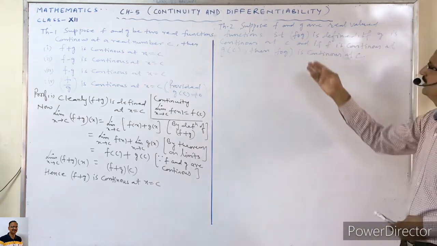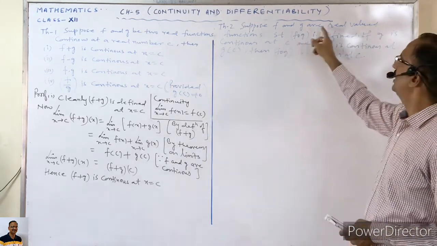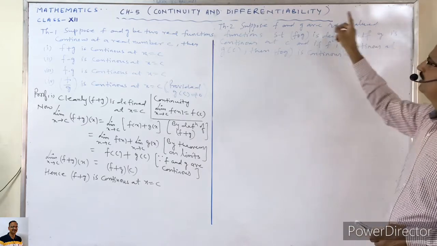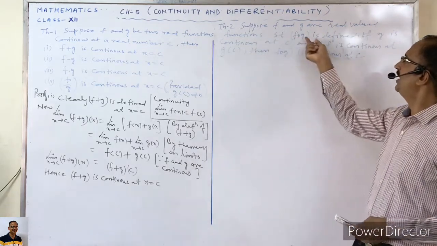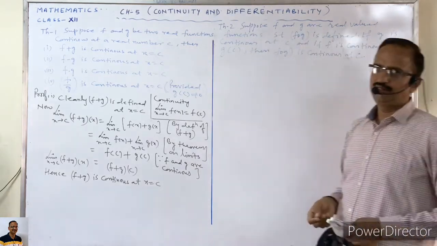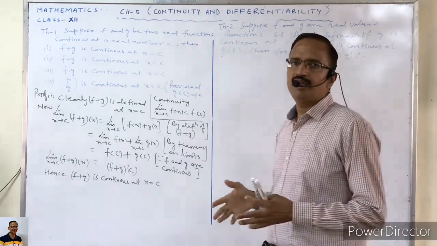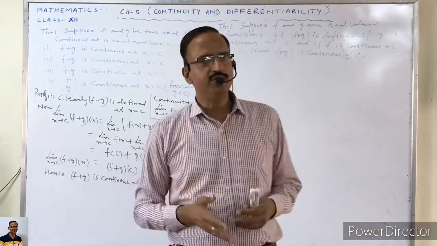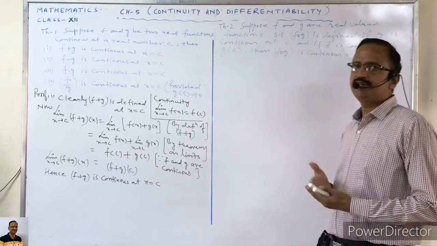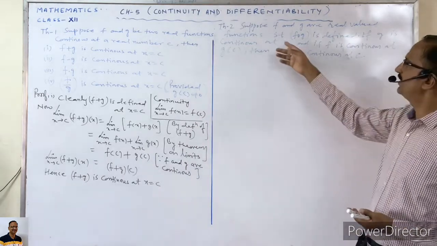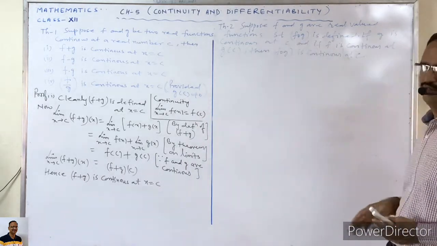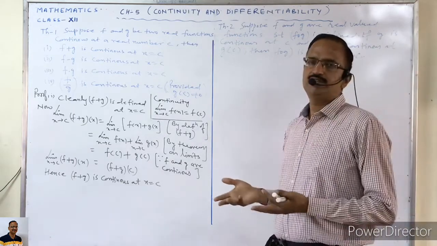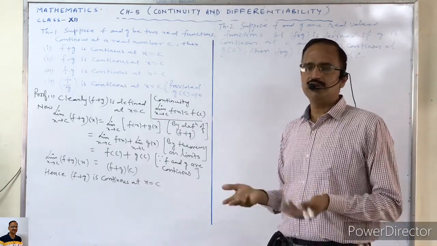So what is given? Suppose f and g are real valued functions such that fog is defined. First of all, when we are going to prove continuity, we will check whether the function is defined or not. It is clearly mentioned that fog is defined. So we can check whether fog is continuous or not.